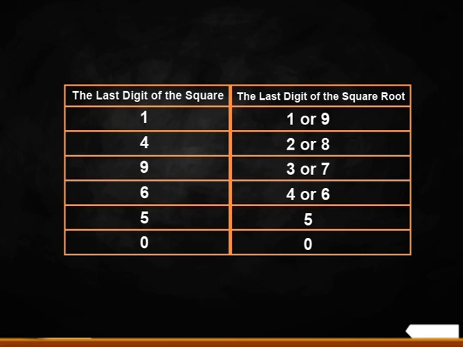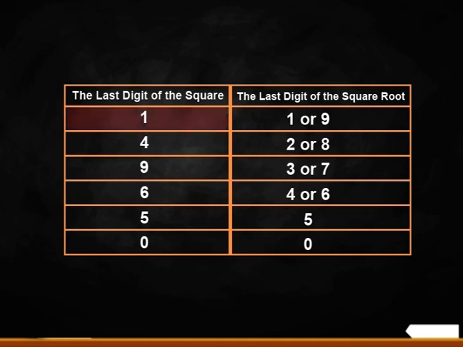From this table, we can find that whenever we come across a number whose last digit is 9, we can conclude that the last digit of the square root will end in 3 or 7. Similarly, whenever we come across a number whose last digit is 6, we can conclude that the last digit of the square root will be 4 or 6.